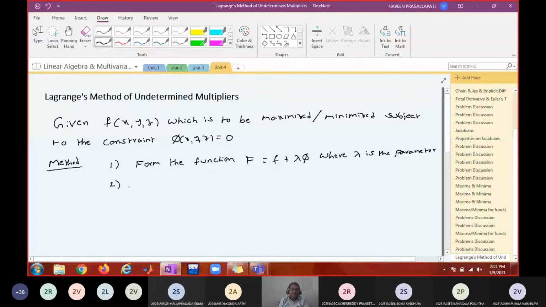Then what you do, form the auxiliary equations. Dou F by dou x equal to 0. Dou F by dou y equal to 0. Dou F by dou z equal to 0.